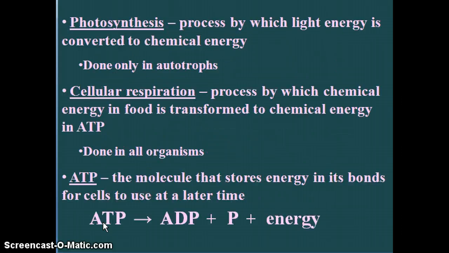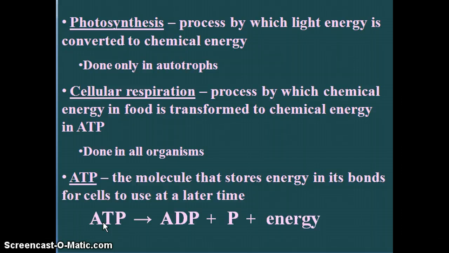Next slide. There are two processes that you need to know in Anchor 3, and it really is quite simple. Photosynthesis and cellular respiration. Photosynthesis is the process by which light energy, the sun, is converted to chemical energy, glucose, C6H12O6.